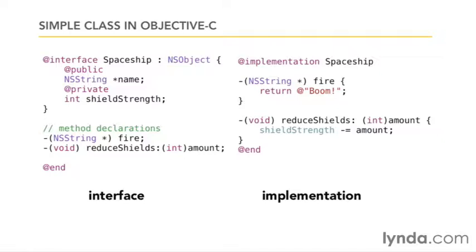And as you can see, there's quite a bit more that it throws into the mix. The biggest difference with these kind of languages is that we have the interface that says what exists. In fact, we have the comment here that says the method declarations are here. We're saying what methods exist, fire and reduce shields. But in the other file, the implementation, is where we say how they do what they do.